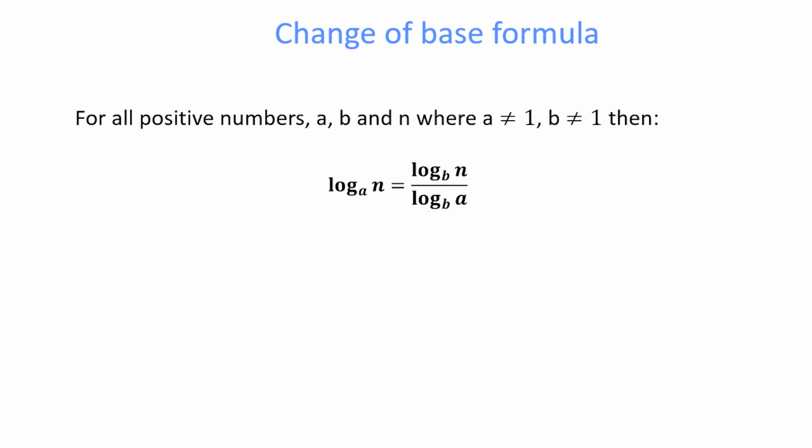Now let's see, the numerator's argument comes from the previous logarithm's argument, and the denominator's argument comes from the previous base of the logarithm. Now let's see this in use.